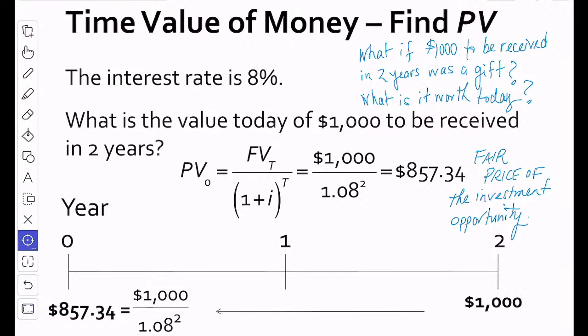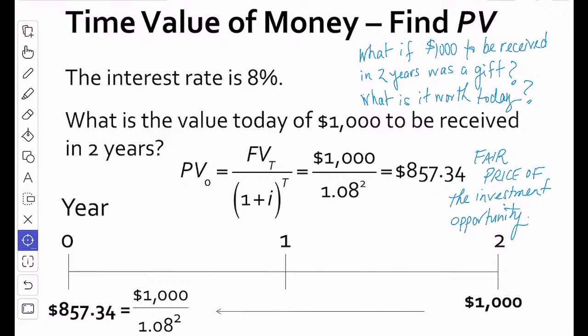What is it worth today? Does the number change? Someone comment.